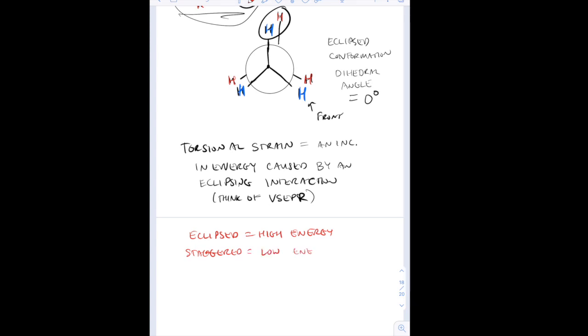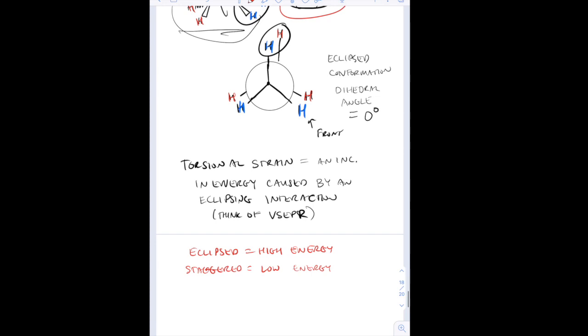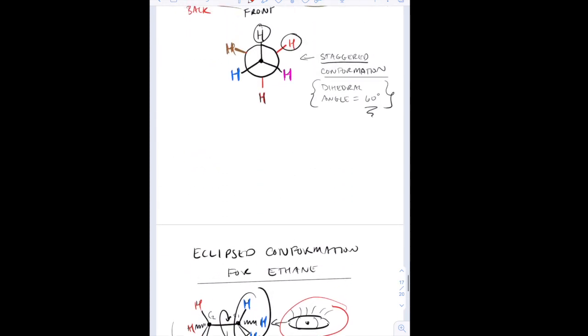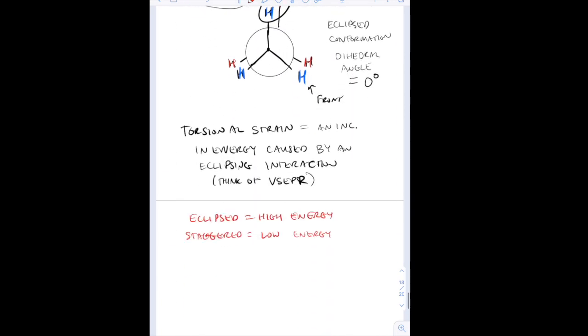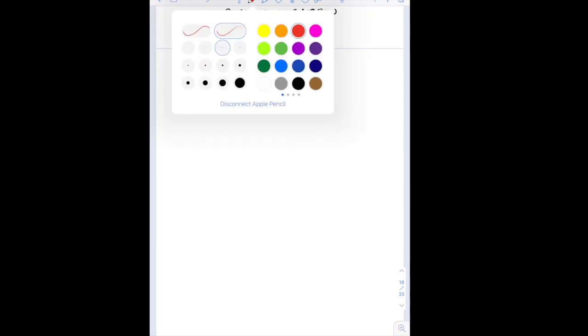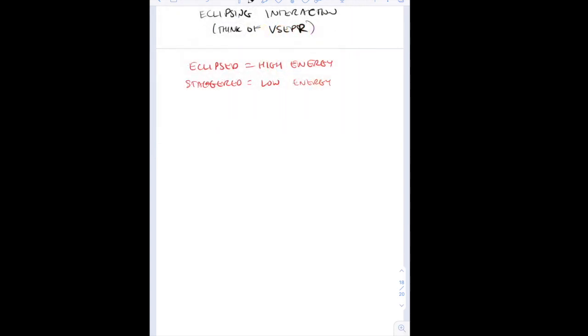And so these are obviously the conformations. And if you think about everything in between, if we rotate the eclipsed conformation 60 degrees, we get to the staggered. And then we rotate it again 60 degrees, and then we get back to the eclipsed. Okay? And so what that means is we're alternating every 60 degrees to get from a high and a low and a high and a low.